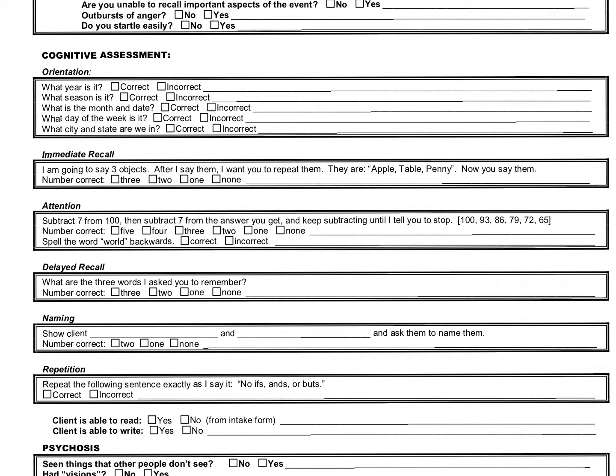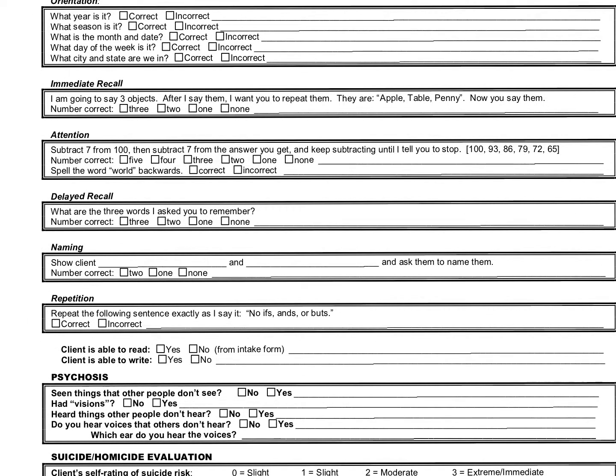More times than not, I'll get 2 out of 3. In the overall scheme of things, it may not mean anything, but to me it's good information to know in terms of short-term memory, how well they're functioning cognitively.